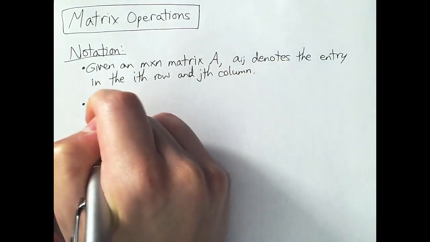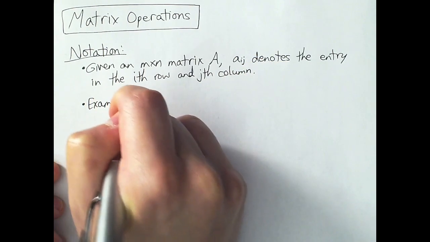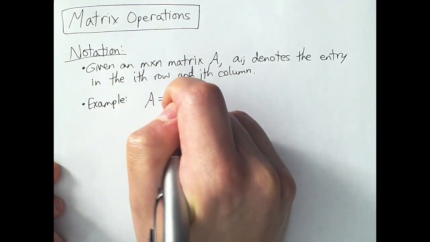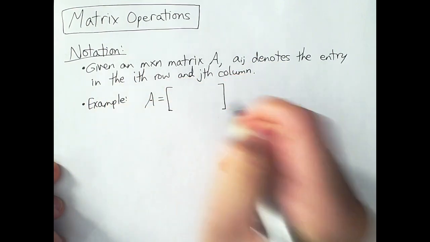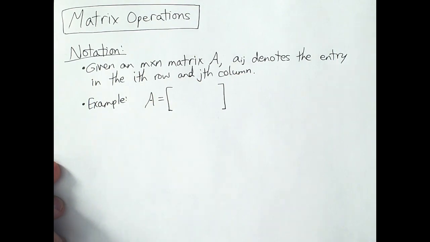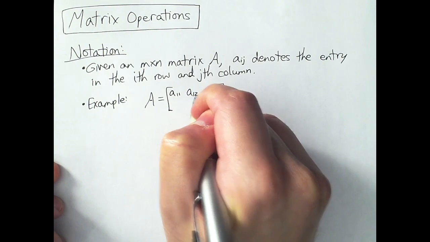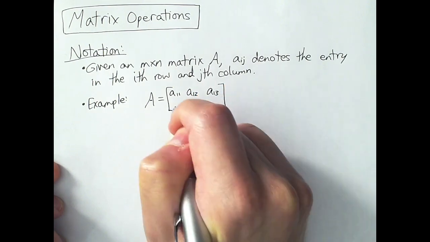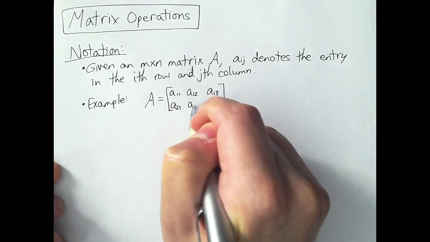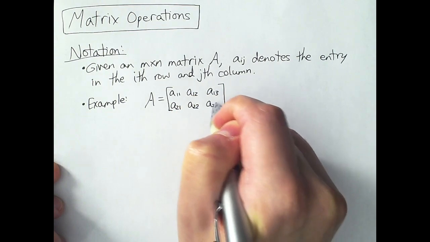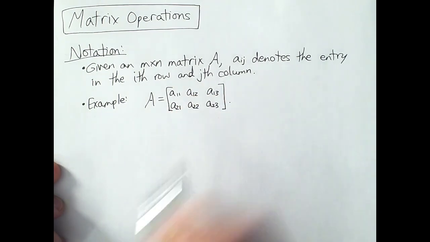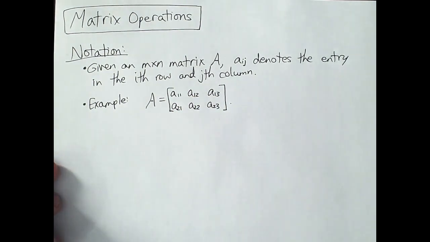Example, if I had a matrix that was 2 by 3, we could think of its entries as being a11, a12, a13, a21, a22, a23. That's a useful way to quickly identify any entry in a matrix.